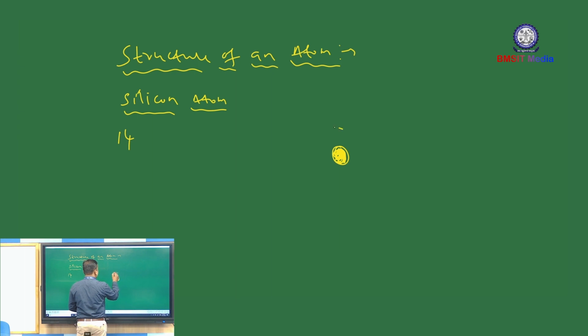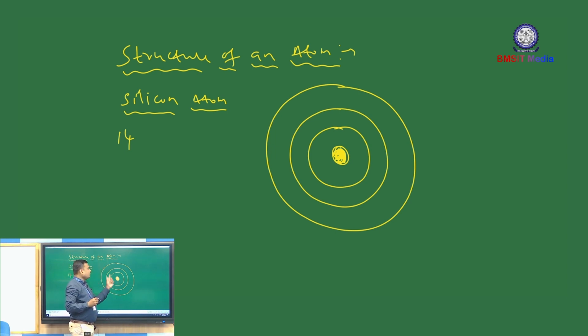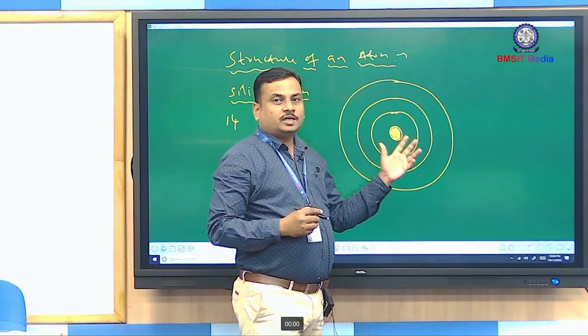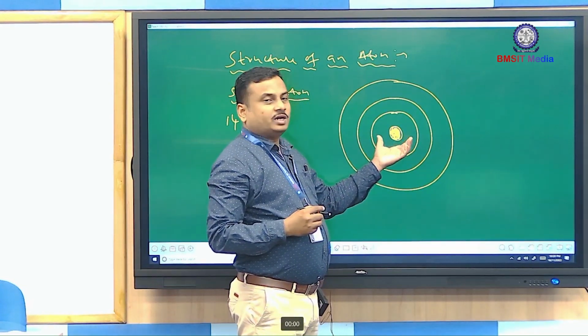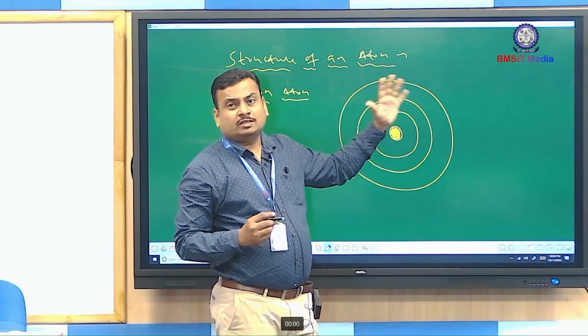Then it will be surrounded by orbits or shells: first orbit, second orbit, third orbit, right? So in these orbits we will be having some electrons. In the first orbit we will be having 2 electrons, in the next orbit a few electrons, and in the third orbit some electrons.